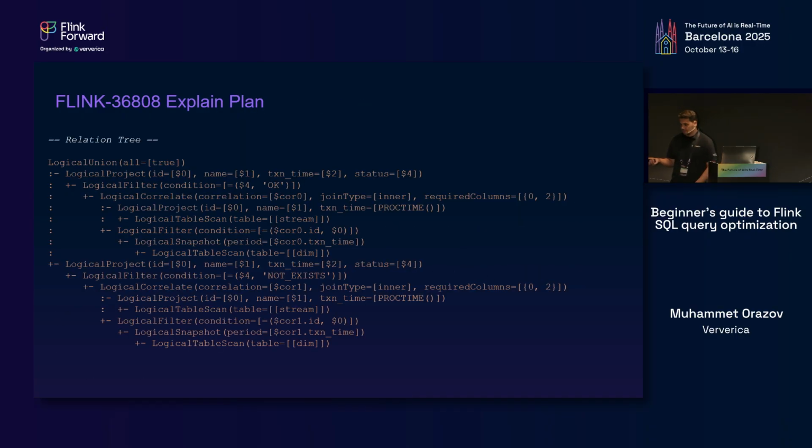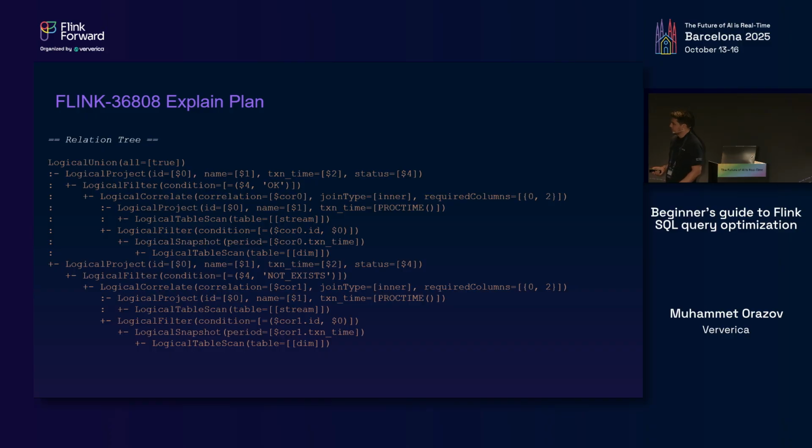So to debug this, I, of course, started with generating the plan. And looking into the plan, it looks OK to me. Like here, we have the union, as expected, and the two parts of the union.